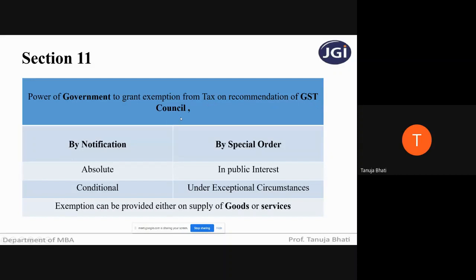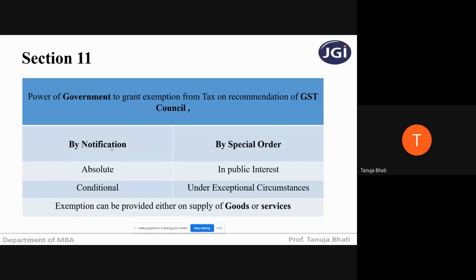So the government can exempt the supply of goods and services only on the recommendation of GST Council. You all know what is a GST Council. Now either it can grant exemption by a notification or by a special order.